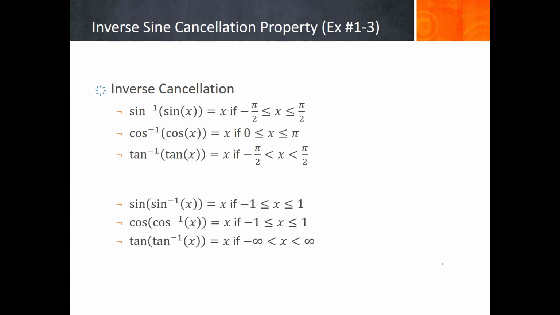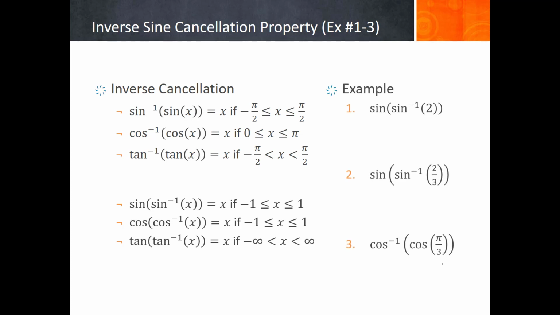Same thing with cosine. It will only cancel out if it's between negative 1 and 1. And the nice thing is if you compute the tangent of the inverse tangent of x, it will always cancel out and you're left with x. And again, that's because of the infinite domain, the infinite range of tangent and inverse tangent.